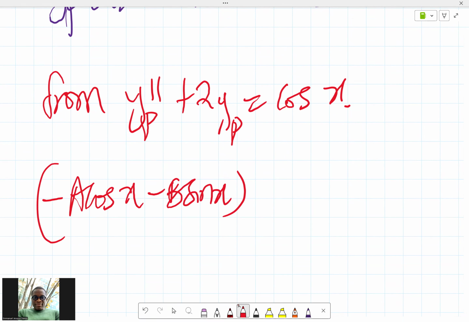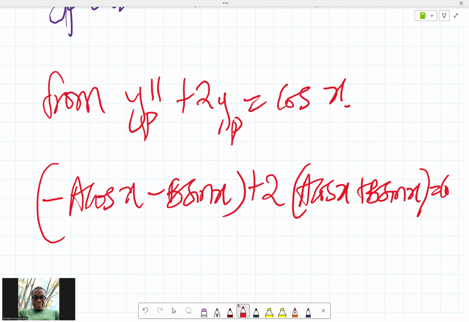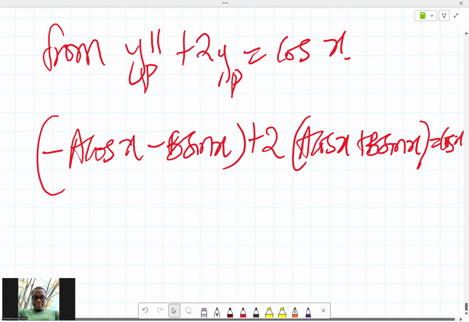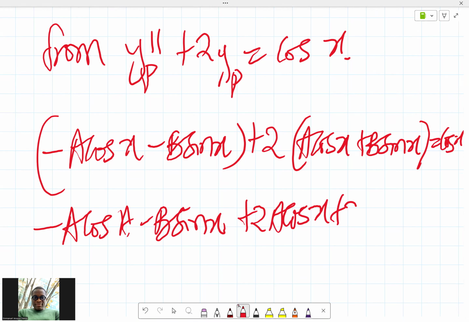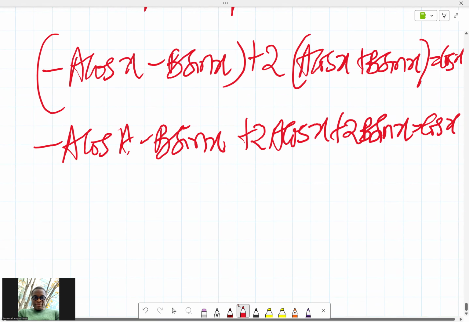Then 2 times the original yp, that is a cos x plus b sine x, and that is equal to cos x. So we can tidy things up. We have minus a cos x minus b sine x, plus 2a cos x plus 2b sine x equals cos x.